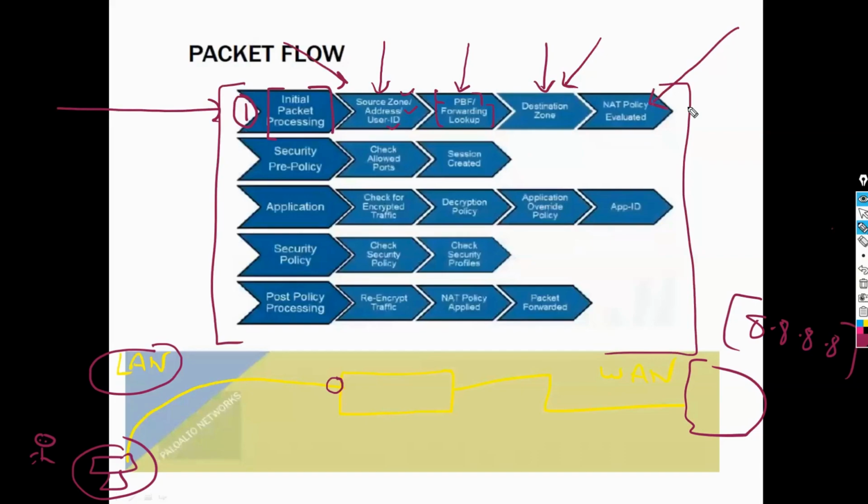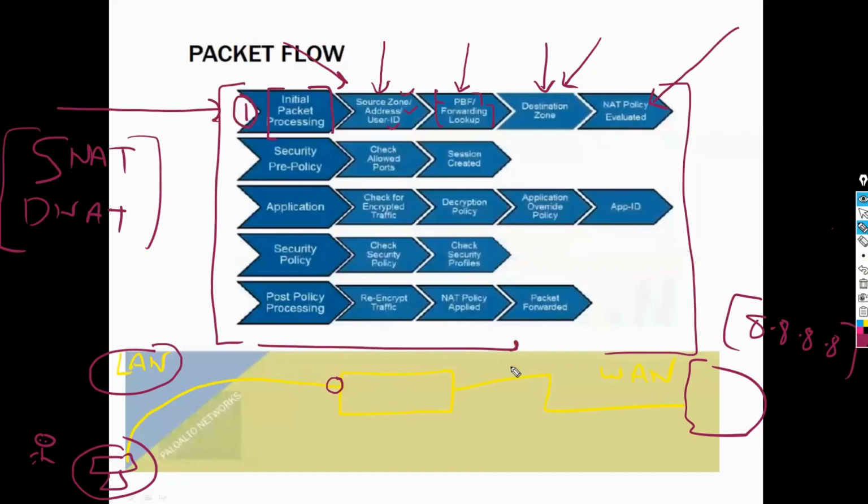Maybe in your scenario you are working with source NAT, or you have a DNAT scenario. So your firewall will check the NAT policy configuration, evaluated as per your traffic flow. It will try to verify for this traffic flow.